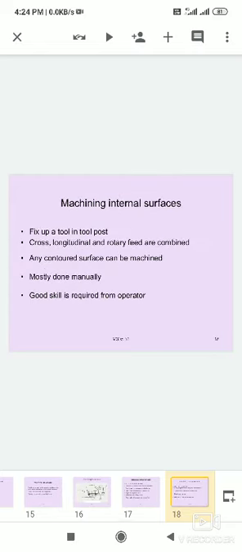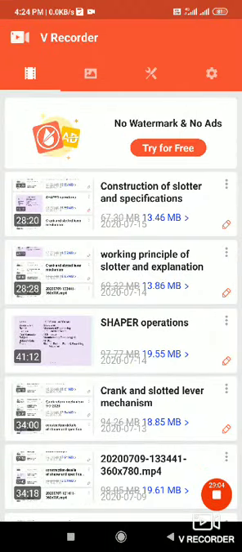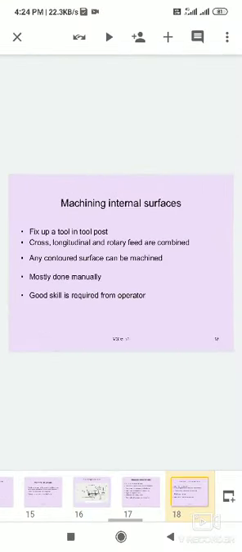And machining internal surfaces. Fix up a tool in the tool post.